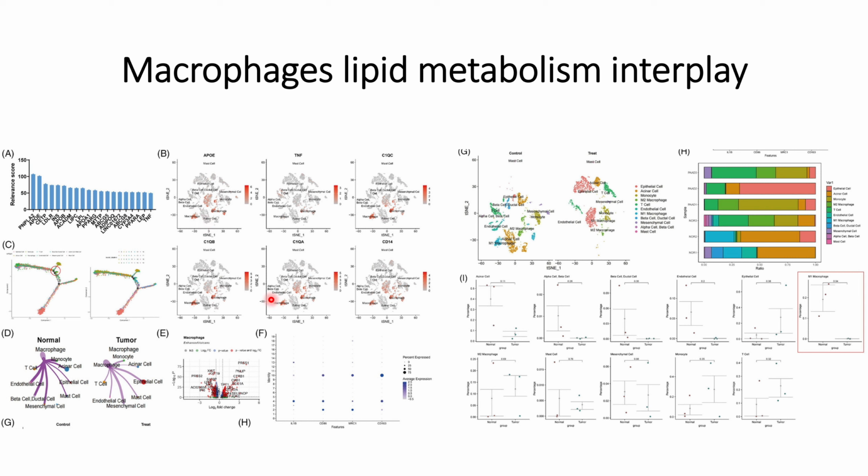Most of the markers resemble the macrophages and also the other cell population categories. We can see that the APOE marker is also shown in the macrophages: TNF, C1QC, CD14, C1QA, and C1QB.